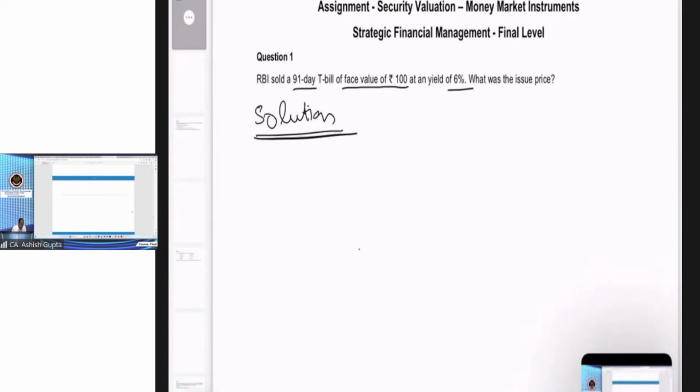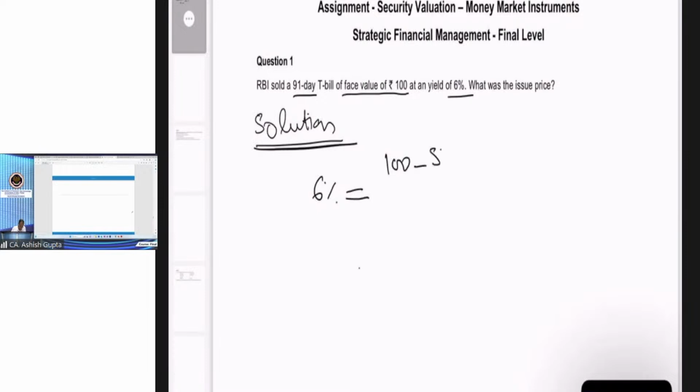What was the issue price? Okay, now we are using the same formula. Here the yield has been given to us, so we consider 6% is equal to face value minus sale price, where the sale price is unknown, times 365 upon 91, into 100. So the value will come like this.